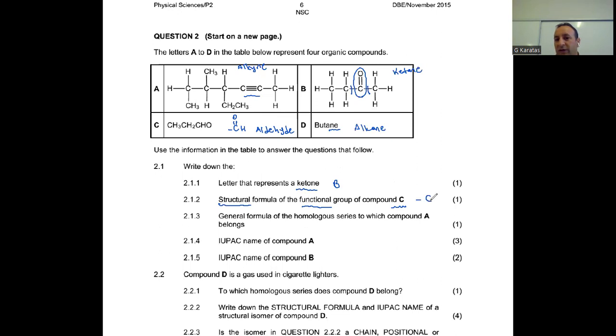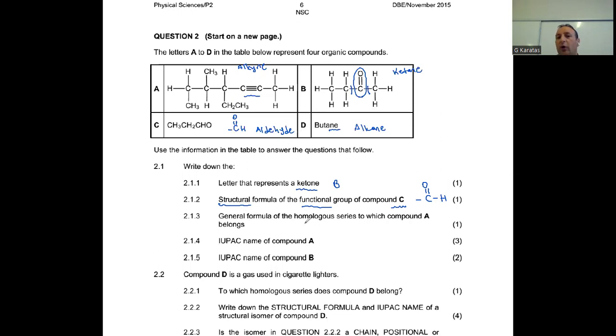The compound C is an aldehyde. Aldehydes have a formyl group as the functional group. And this is the structural formula. If it was asking the name instead of structural formula, we would say formyl group. But here it's asking structural formula, then we go with this structure.